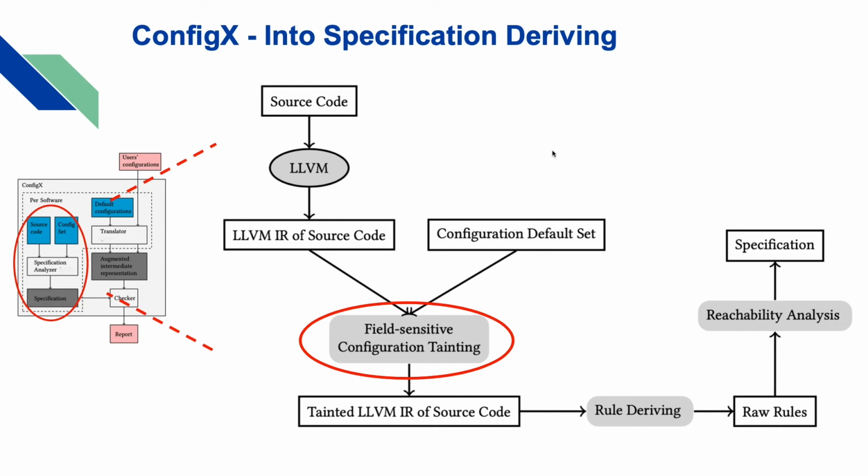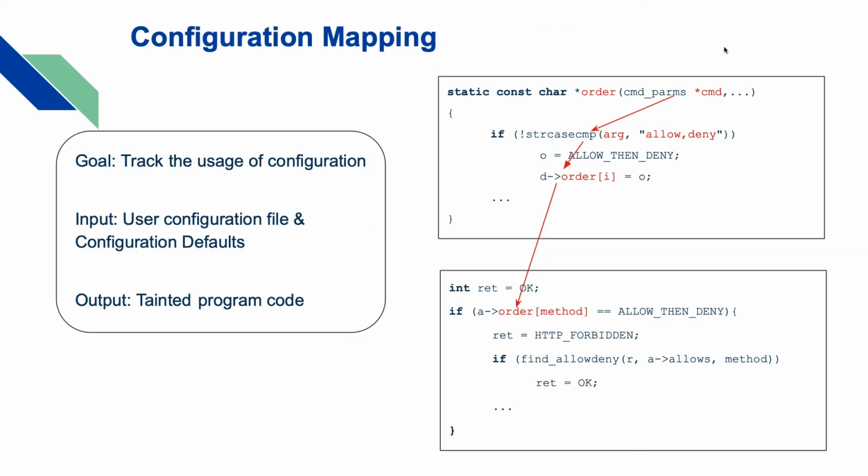The first part of our specification analyzer is configuration tainting. The goal of this part is to understand which parts of the code are related to or controlled by the configuration. For example, take this order as an example. We first identify this API in the source code, which is related to how configuration is passed to the system, and then we use our customized data flow analysis to track the usage of this configuration parameter all the way down to the function here.